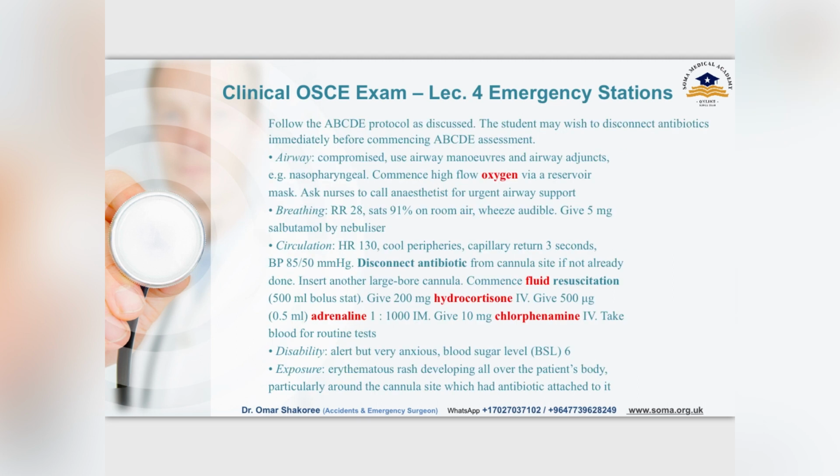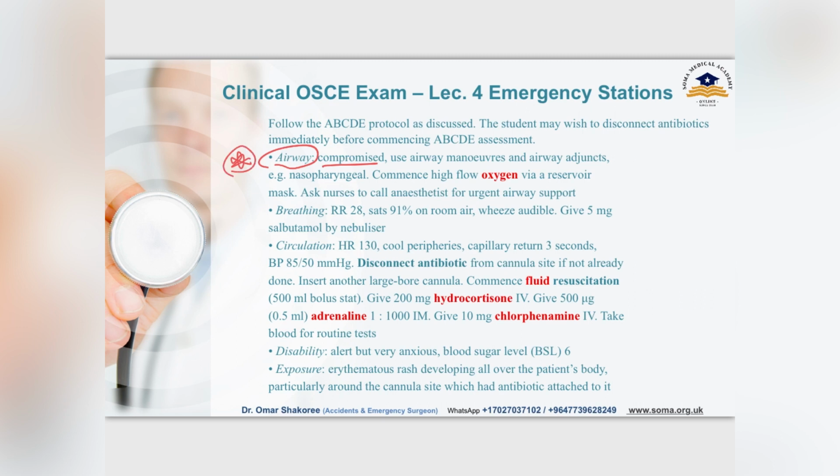First, you have to follow the ABC of medical emergencies. So first, the airway. For this patient, the airway is compromised. As you remember, the patient has lip swelling and tongue swelling. This means obstructed airway. So what is there to do? The main thing is to open the airway in this patient.